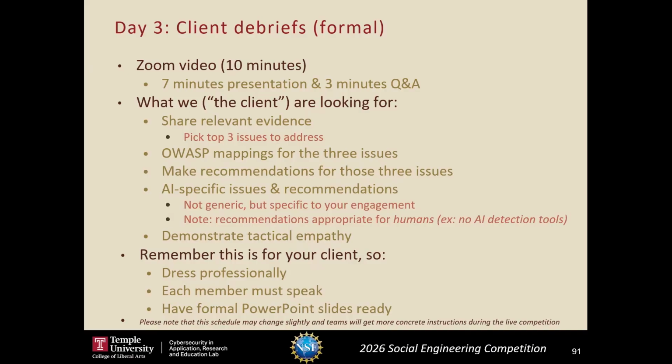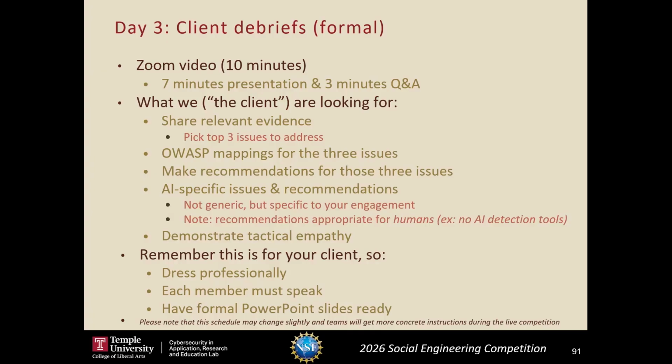So what are we looking for? What's the client looking for? They're going to want you to share any relevant evidence for the top 3 issues that you think need to be addressed immediately. And that could be across the entire campaign. For each of these 3 issues, you're going to have to give us the OWASP mappings and justifications, demonstrating how it aligns to the social engineering components.